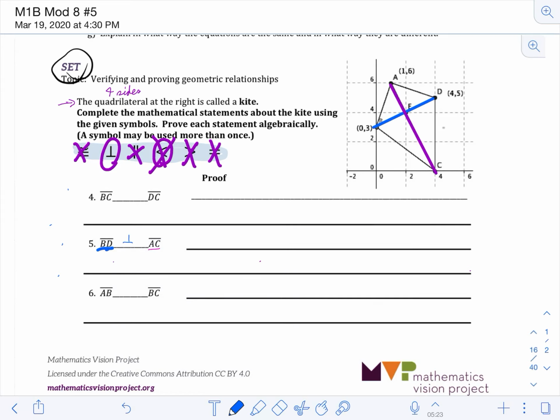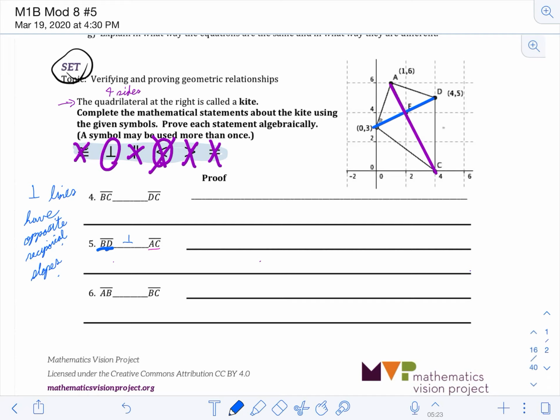In order to do that, we need to remember how perpendicular lines are related. Hopefully you remember the thing we repeated so many times in the last module: perpendicular lines have opposite reciprocal slopes.